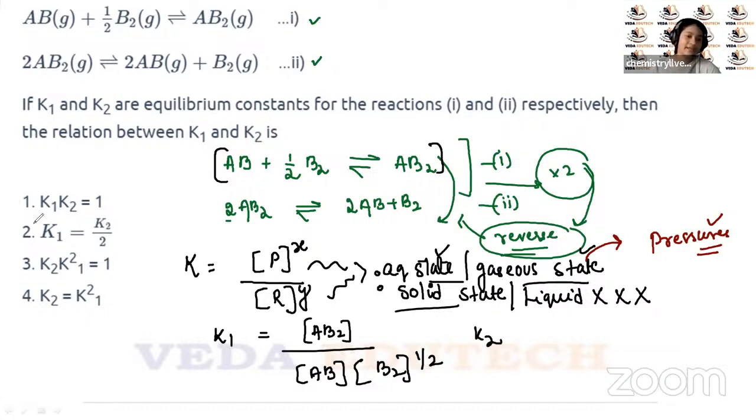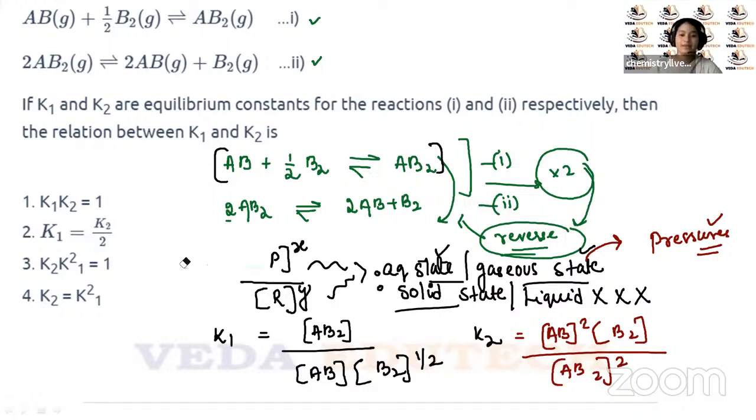If I write K2 here, K2 is going to be the concentration of AB, B2, AB2, right? This is what it is going to be.